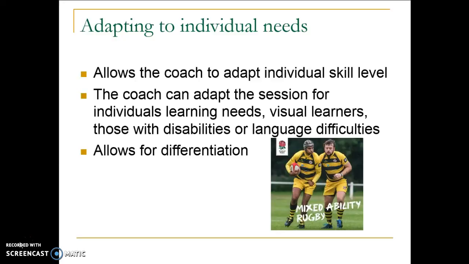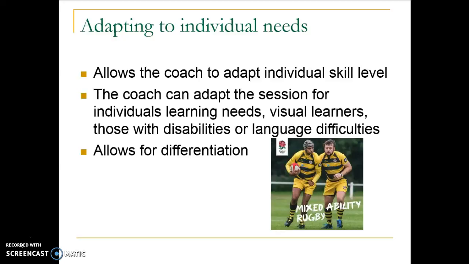If someone perhaps doesn't speak the same language as the coach, they just need that one-to-one session to allow for the information that's being given to really go in and for the session to be beneficial for them.